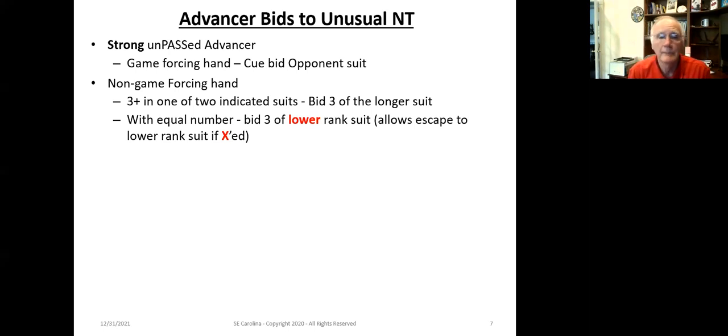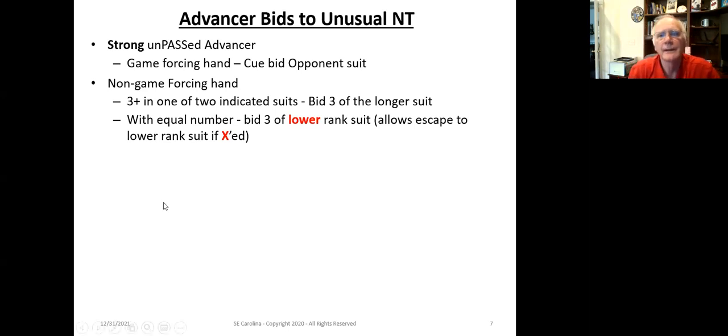You've got 5 plus clubs and 5 plus diamonds, and you've got 3 clubs and 3 diamonds. Bid 3 clubs. Bid the lower ranking suit first. This allows you to escape to the higher ranking suit if you're doubled, to change that lower to higher.